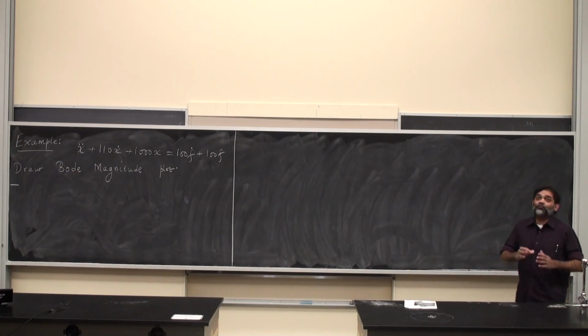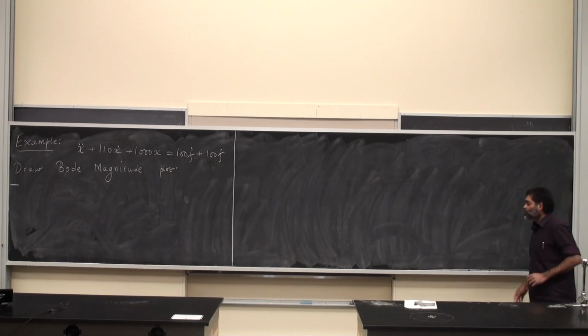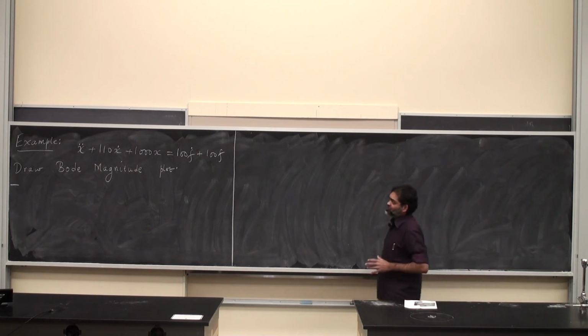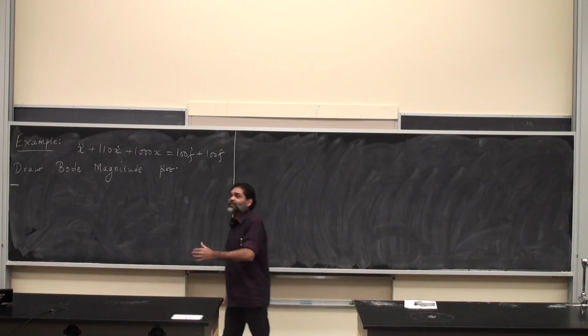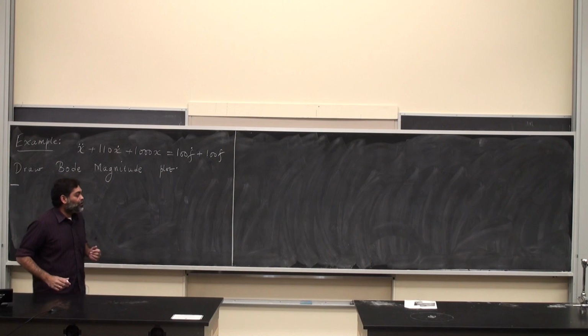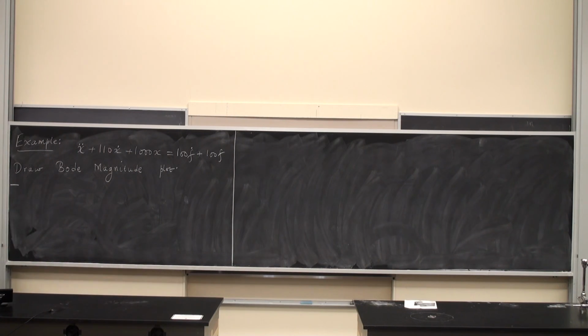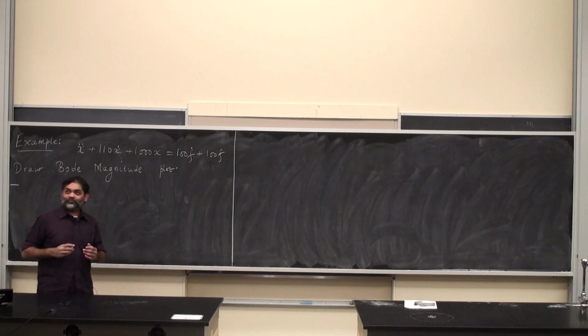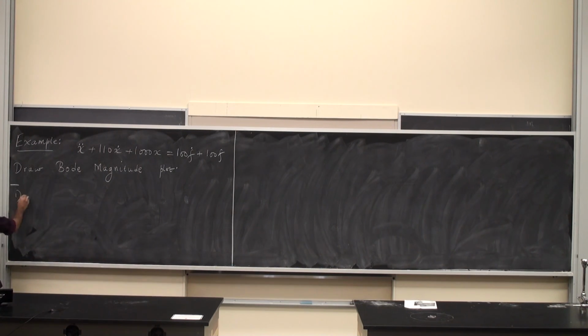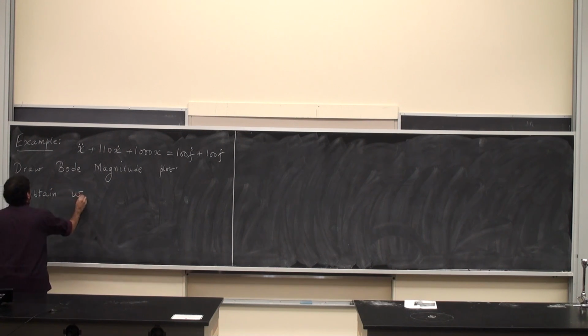And as usual, I like to follow certain steps. Given any kind of a system of the following form, which is a second order system in this case, I would first like to compare it with a standard form and then obtain the system parameters. Okay, so first step, obtain omega n and zeta.